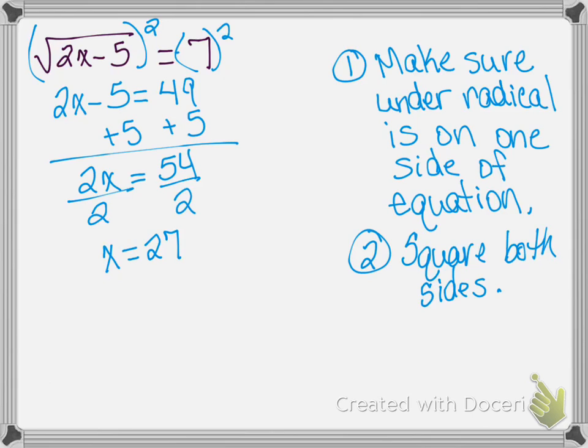Now, sometimes when we were doing word problems and we were talking about distance, and I got a negative number, what did I have to do? Like if I said, how far is the distance between here and my office? And we got negative 3 and 5. What would we have to do with the negative 3? Throw it out. Okay? So it's similar to that idea.